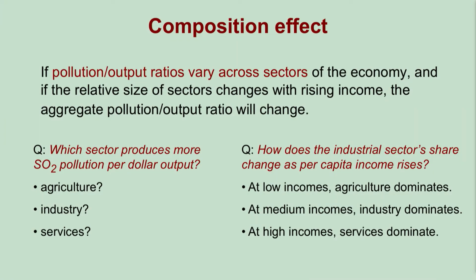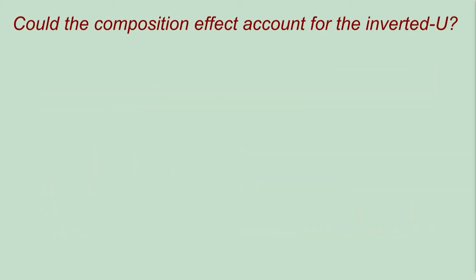So this might be something that could contribute to the environmental Kuznets curve, to those changes in environmental degradation as incomes rise. Could the composition effect actually account for that inverted U, however? Could it lead to a downward slope in the amount of environmental degradation as incomes rise?